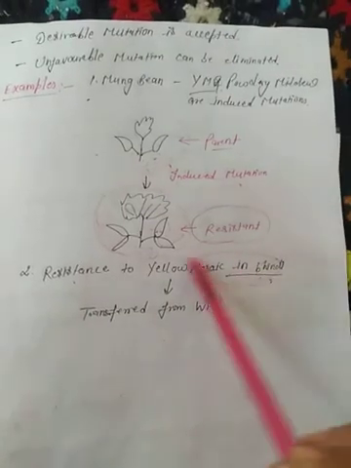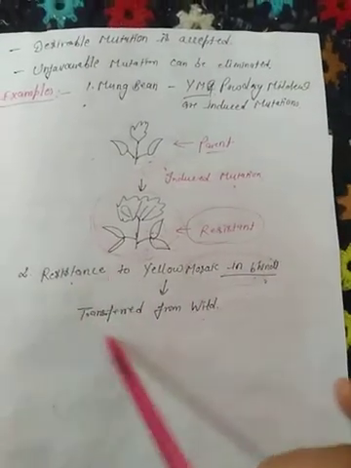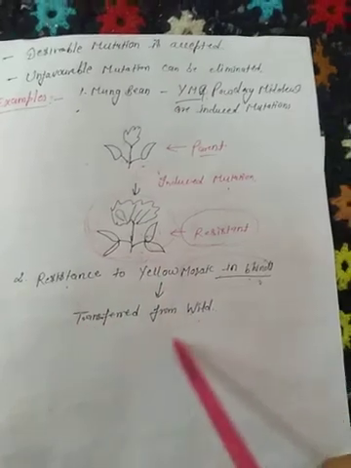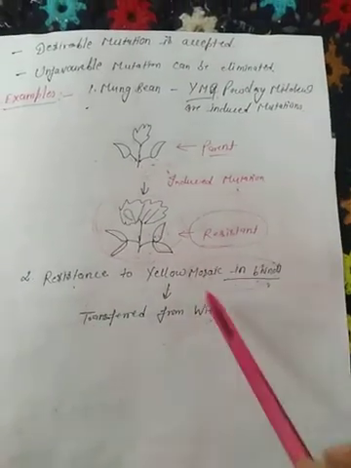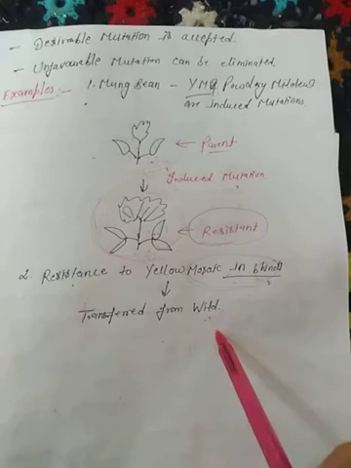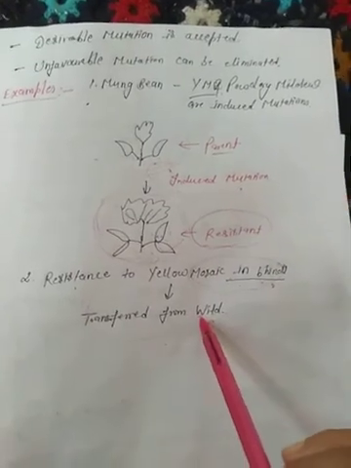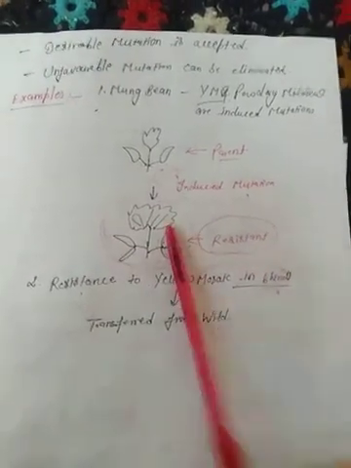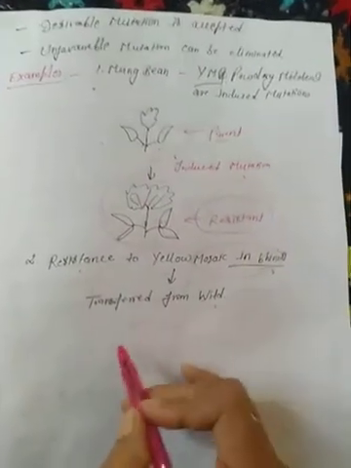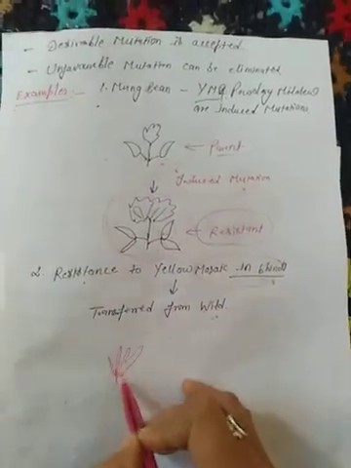So here we can use the conventional method of breeding, that is, by selection and by hybridization. What is done here actually? For example, this is the wild variety.